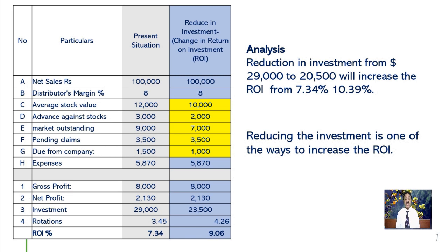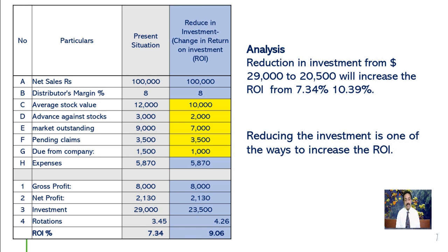The fourth main element which plays very important role in ROI is investment. You can see in the sheet, the first column is normal calculation, second is change in the investment.